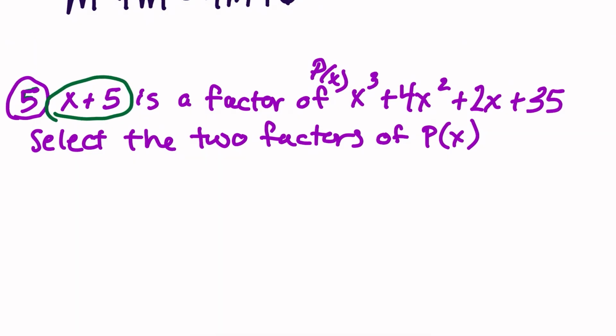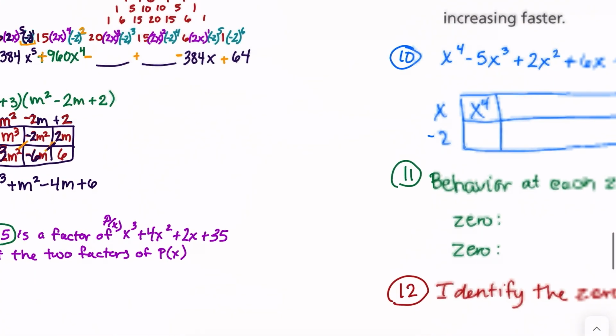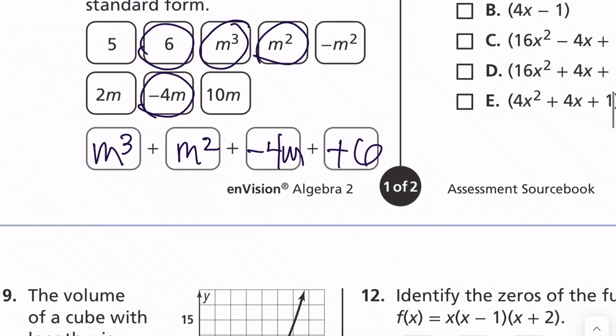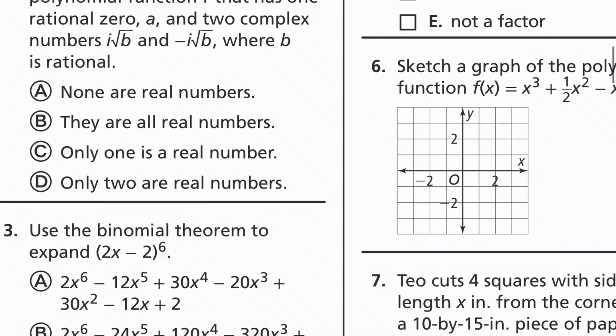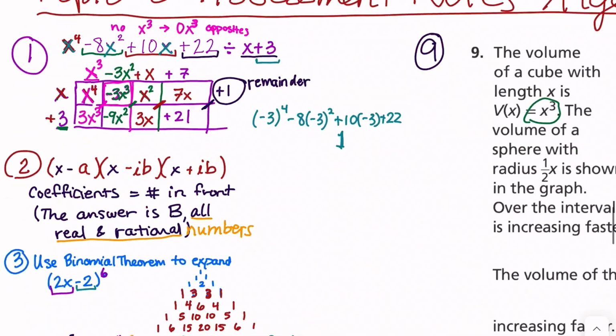And then we're supposed to select the two factors. So for sure, on the options, you need to select the one that it just totally gave you in the problem. It says this is a factor, so you better mark it as a factor or else you're silly. So we just need to do one other. So select the two factors, check, we've got one. We only need the other one. Let's go do it. And this is the same way that we did number 1.